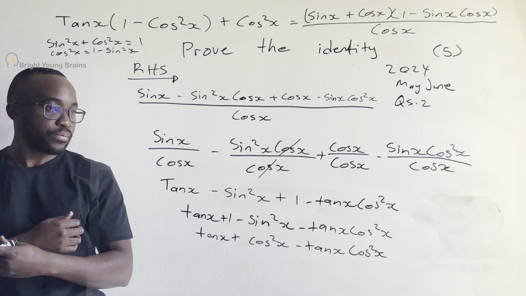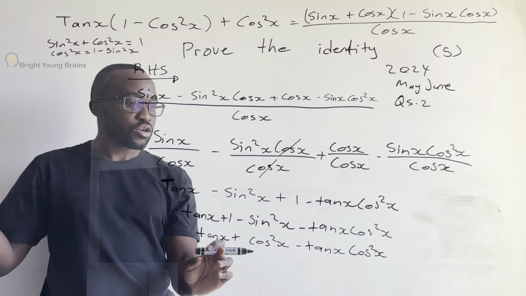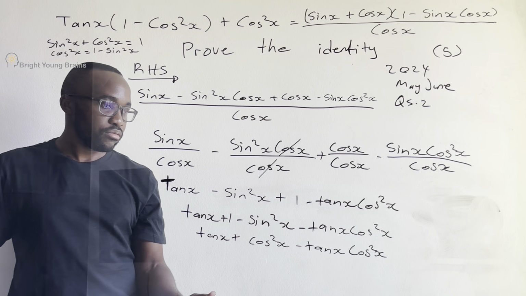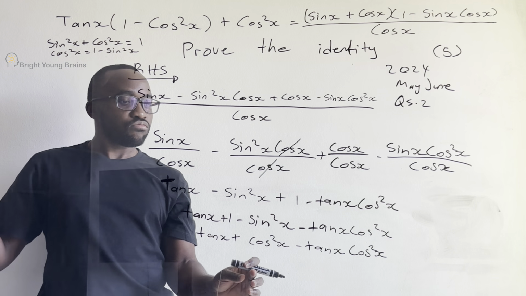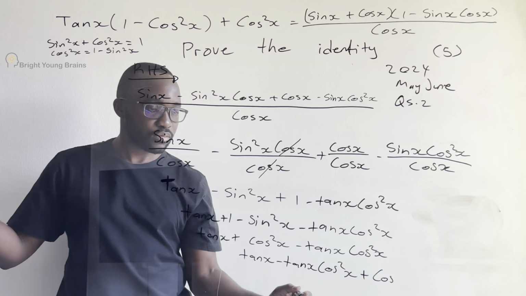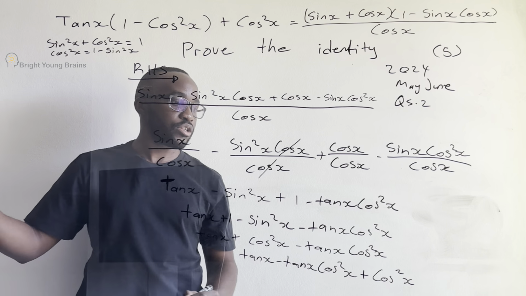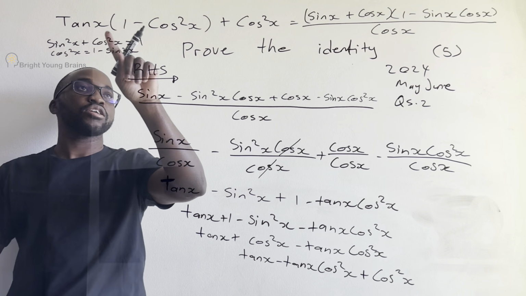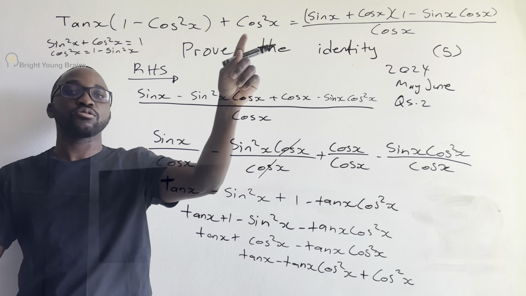There we go. So let's just maybe group these two together and take out a common factor and see what we end up with. Okay, so at this point we're very close. We're actually kind of done, because the whole time I'm looking at this expression only, I'm forgetting there's a cos squared x there.